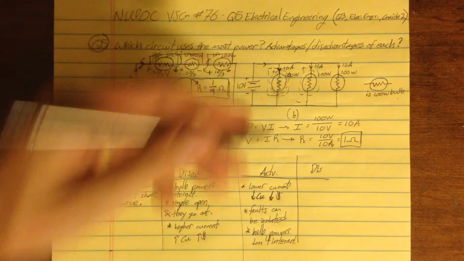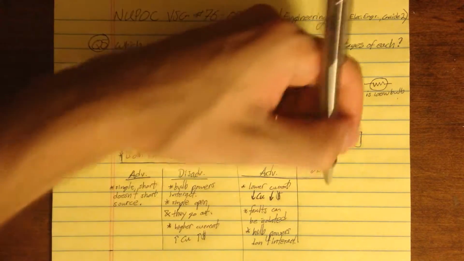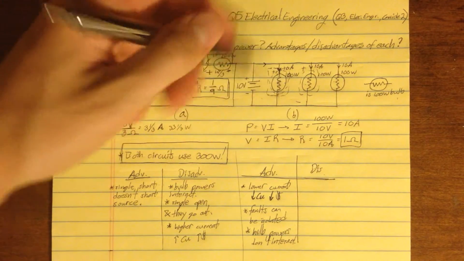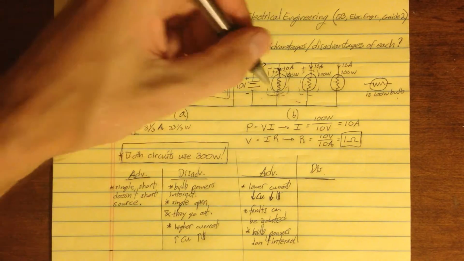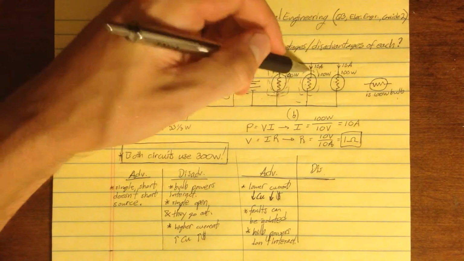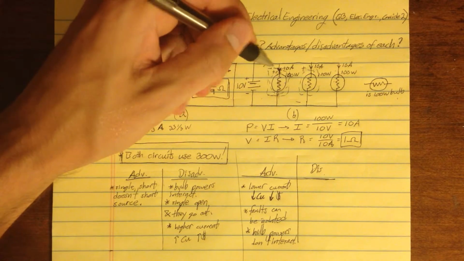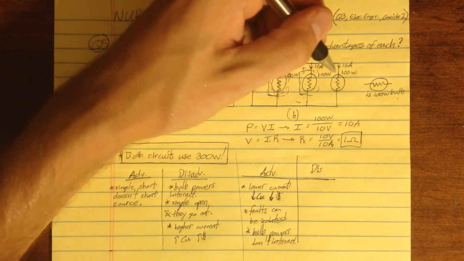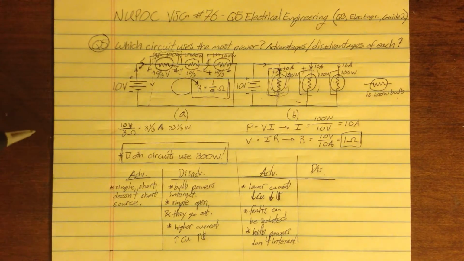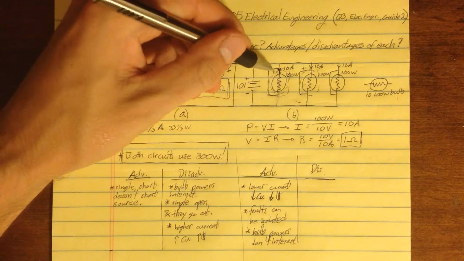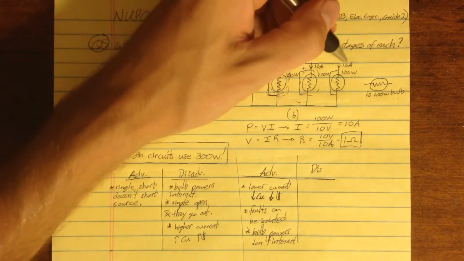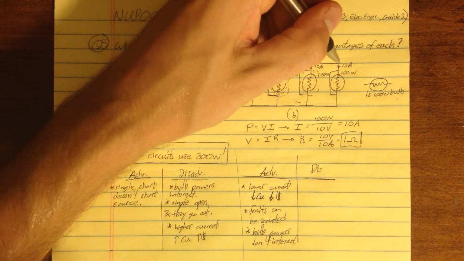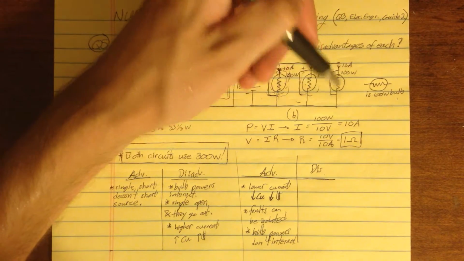will short the source if we don't have a circuit breaker there. If this is just a string of Christmas lights and there's no circuit breaker at each bulb, then if I put a short circuit around this bulb, or this bulb, or this bulb, it's like connecting the 10 volt rail from this node to this node.